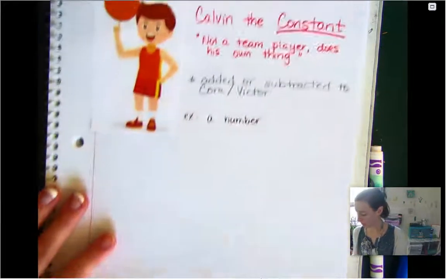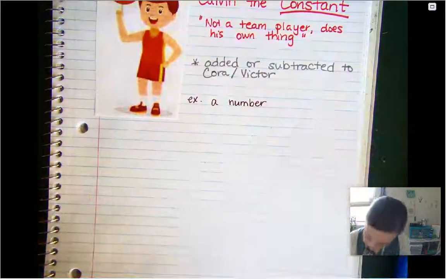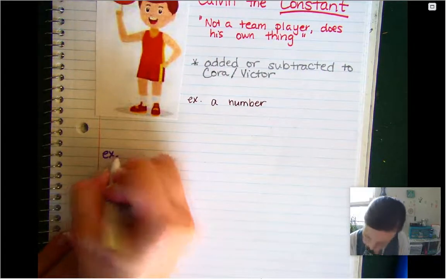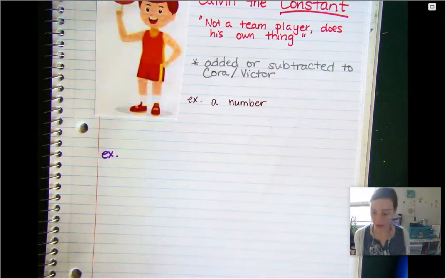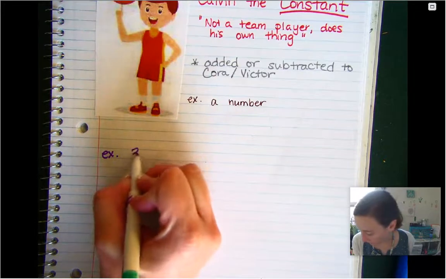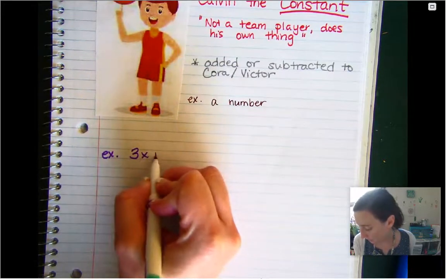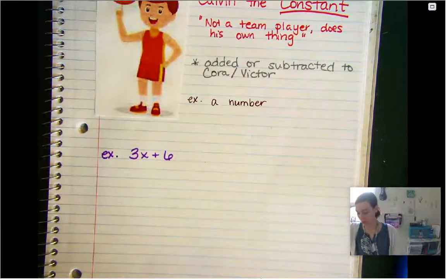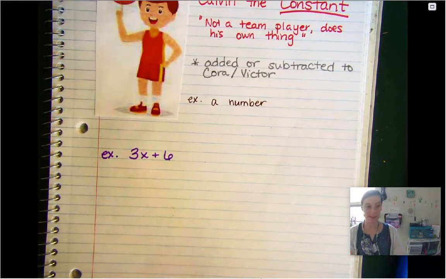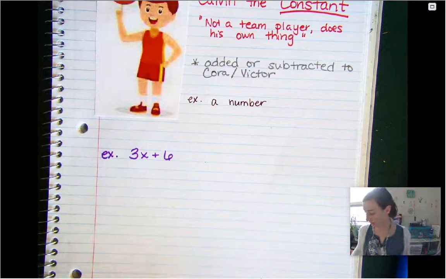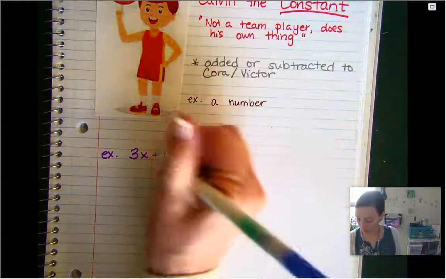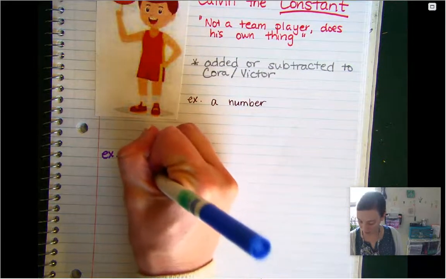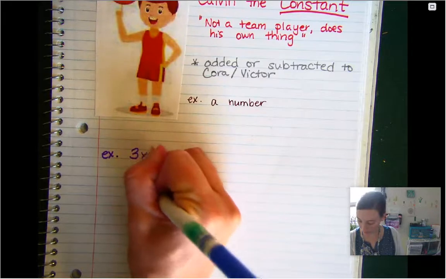All right, so let's do a couple of examples. One algebraic expression might be 3x plus 6. So think for a second, which one is the variable? Victor is the variable. X is our variable in this case, so this is Victor.